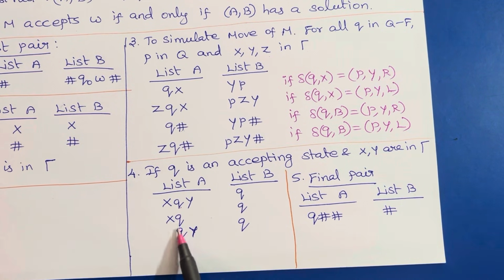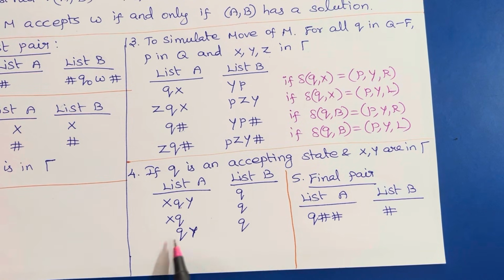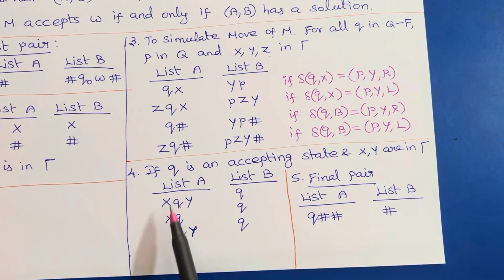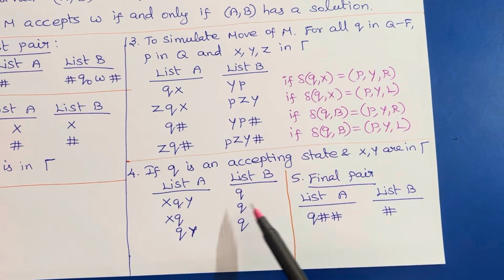Then another rule is tape symbol followed by the final state. Here the final state alone, and here final state followed by tape symbol. Here final state alone. Okay, so here the final state is preceded and followed by the tape symbol. Here final state is preceded by tape symbol followed by tape symbol. But in all the cases in list B we have to attach the final state alone.